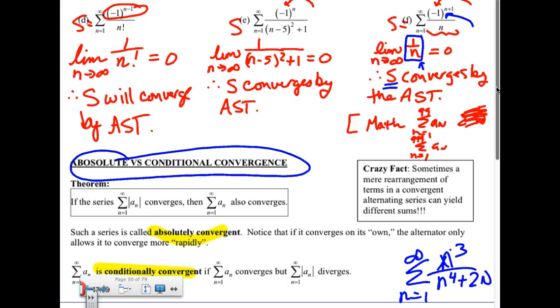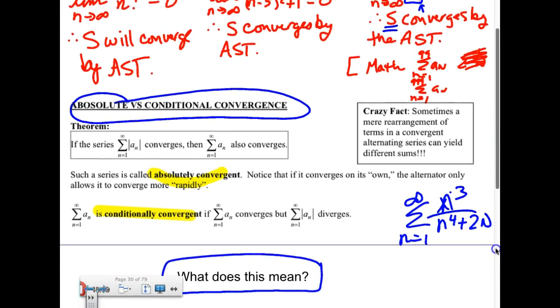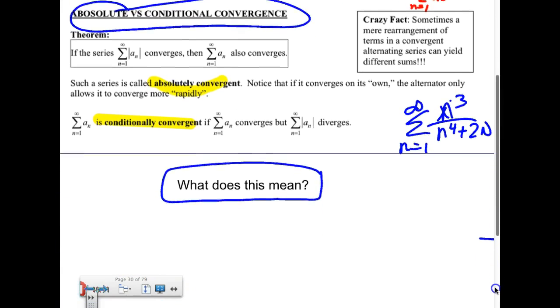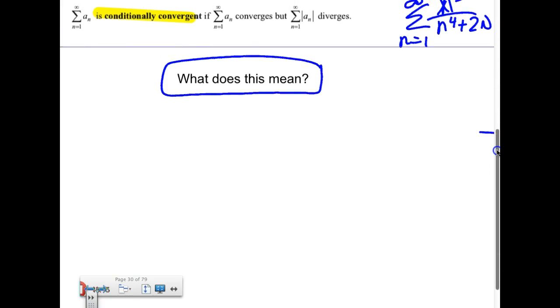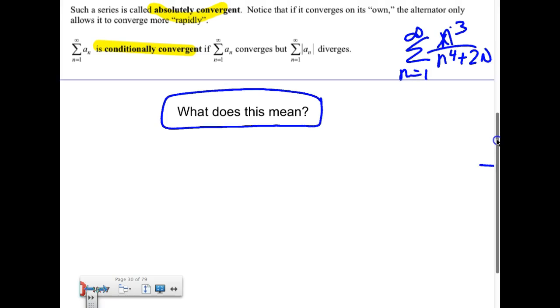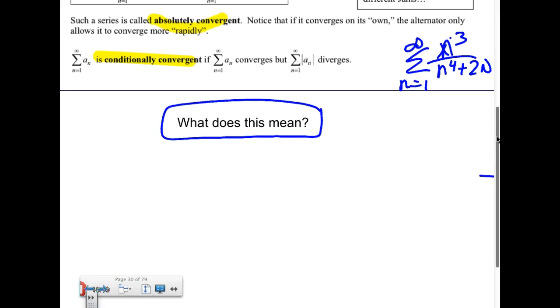So what we would say is because this series without the alternator is divergent, we would say that it's a conditionally convergent series. If in the absence of the alternator, the series converged anyway, then we say it's absolutely convergent.